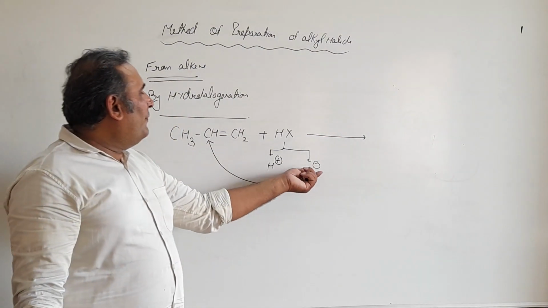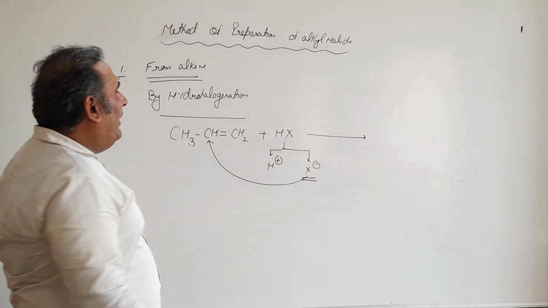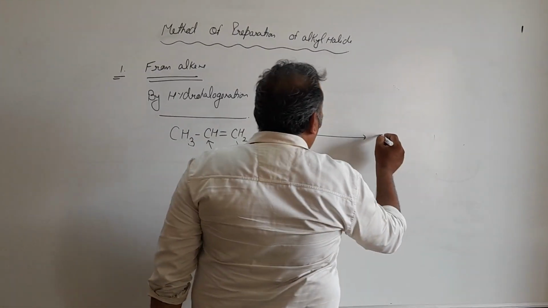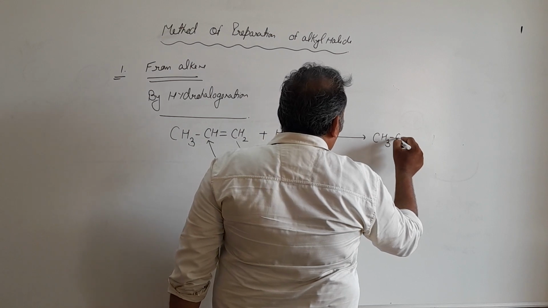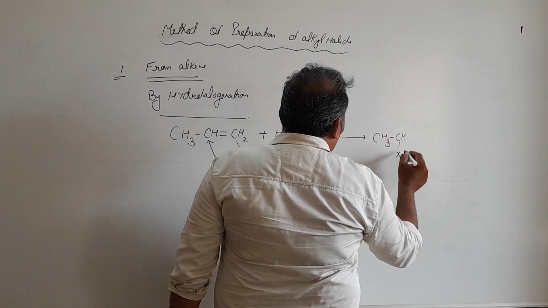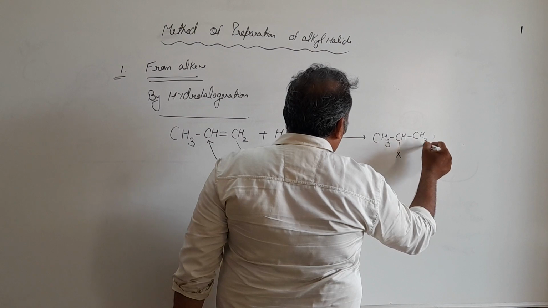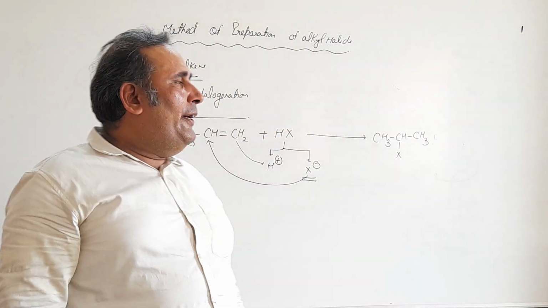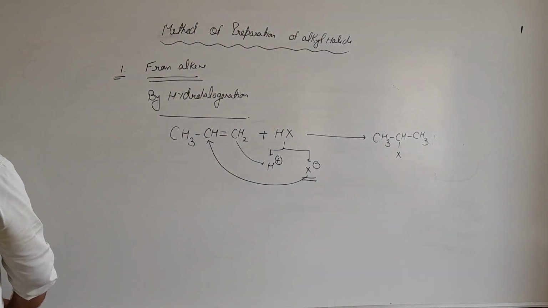So X minus we have to attach on this carbon, and obviously H plus on this carbon. So the product will be like that: CH3, CHX, CH3. So we are getting that alkyl halide by hydrohalogenation of alkene.